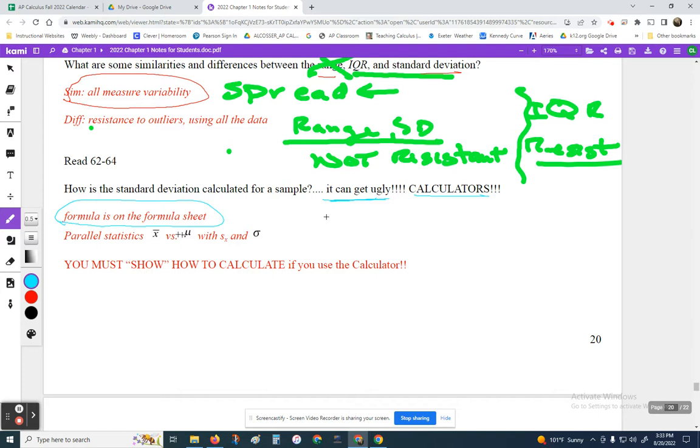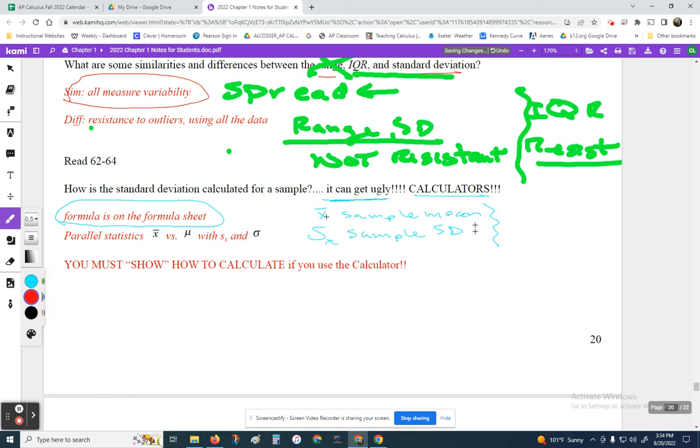So when we're dealing with the data points, remember this is mean. I'm going to write it over here. X bar is the sample mean, and standard deviation of X is the sample standard deviation.